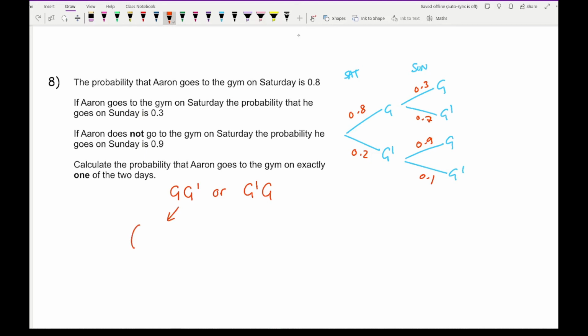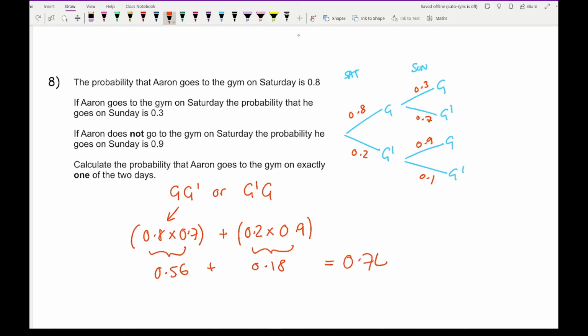So goes to the gym, which is 0.8, and then doesn't go to the gym, which is 0.7, plus doesn't go to the gym and then goes to the gym. So that's the calculation I then need to work out. Now this is going to give me an answer of 0.56, and this is going to give me an answer of 0.18, and then just simply adding those numbers up, so 0.56 plus 0.18 gives me an answer of 0.74.